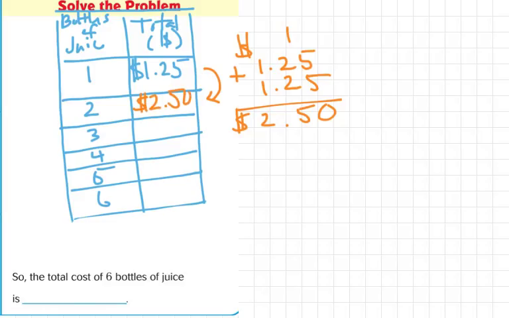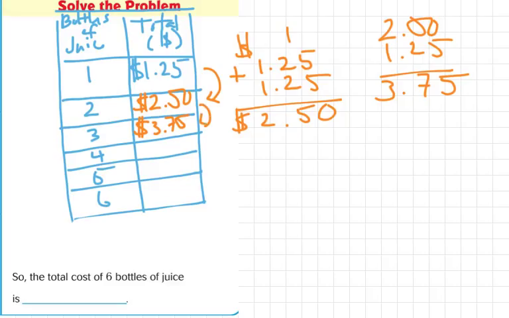Now, from $2.50, I'm going to have to add another $1.25, and I get $3.75. So you'll notice each time I'm adding $1.25. So $1.25 plus $3.75 is $5. $5 plus another $1.25 would give us $6.25. And lastly, $6.25 plus $1.25 would give us $7.50.